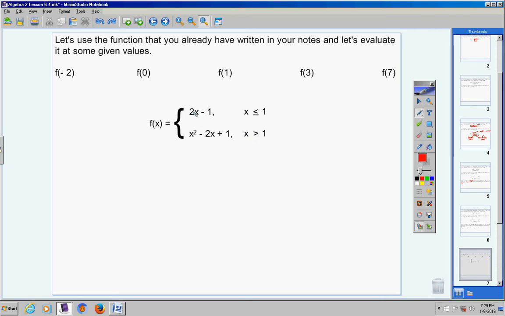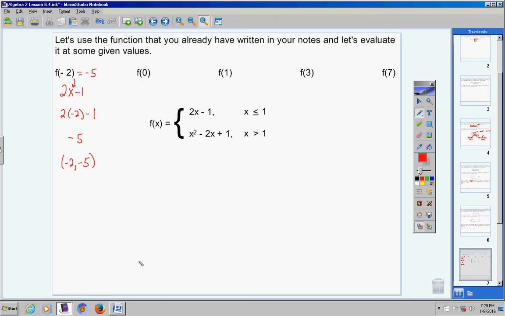So I'm going to use this function, 2x minus 1, because this function is all values less than or equal to 1, and negative 2, the number I'm putting in for x, is less than or equal to 1. So 2 parentheses negative 2, negative 4, minus 1, negative 5. So f of negative 2 equals negative 5. Or in other words, you have an ordered pair, negative 2, negative 5.